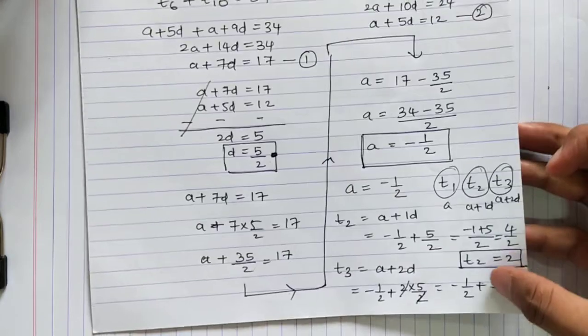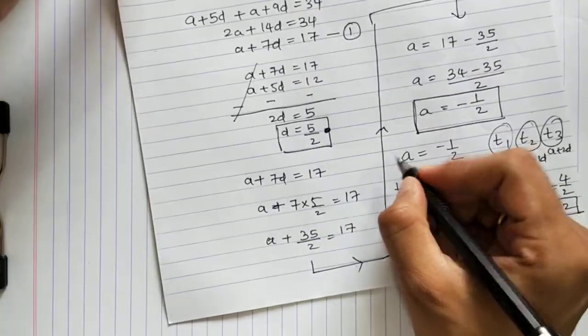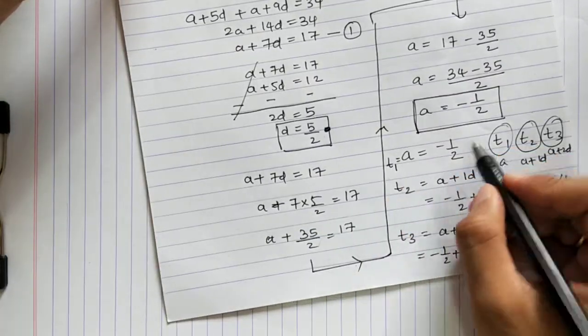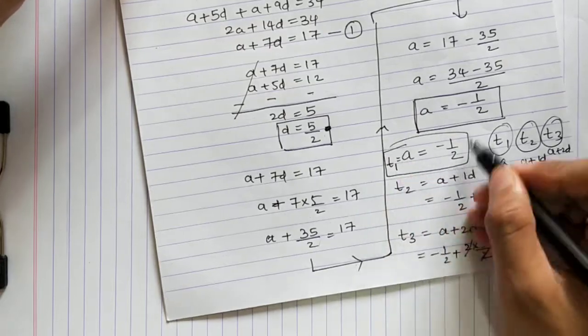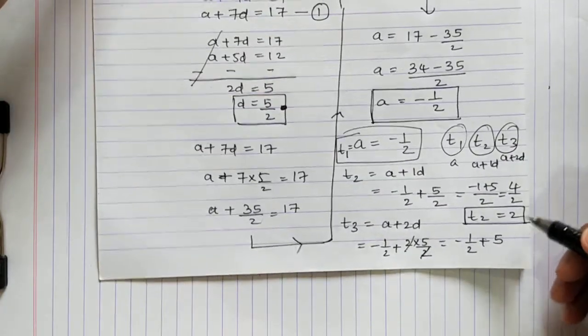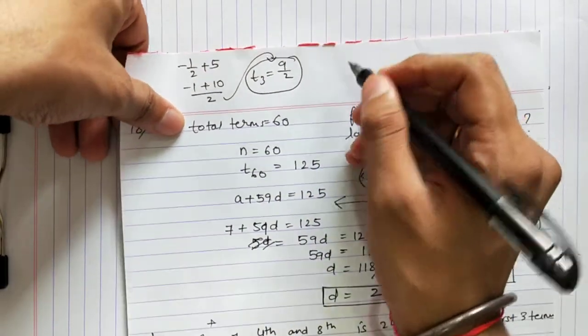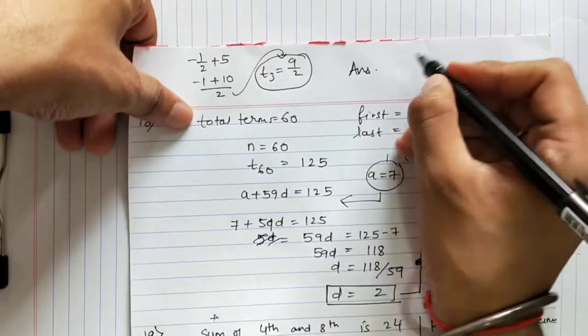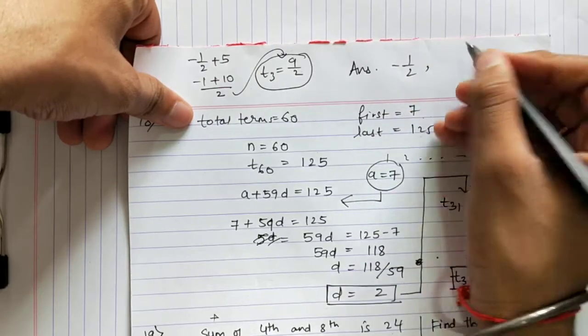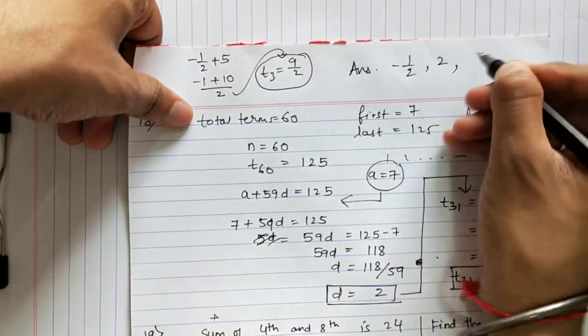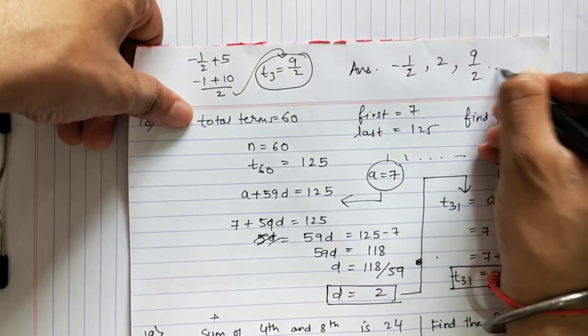We got the first term T1 as minus half, T2 as 2 and T3 as 9 upon 2. So the final answer is, the first term is minus half, the second term is 2 and the third term is 9 upon 2. This is the AP.